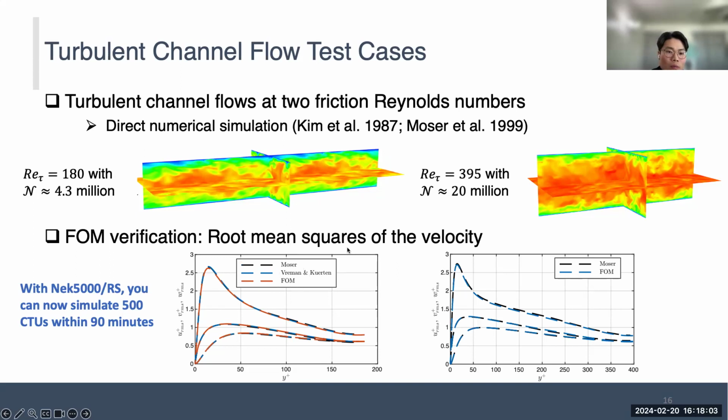The result basically matched with the reference data, and showed that our FOM is indeed DNS. And I just want to mention one nice thing here is that with NekRS, you can now simulate 500 convective time units within 90 minutes for turbulent channel flow.